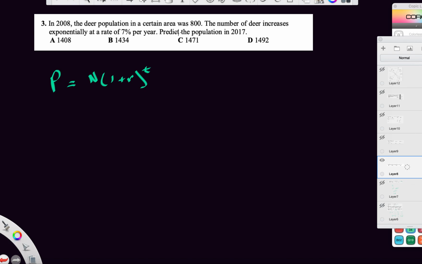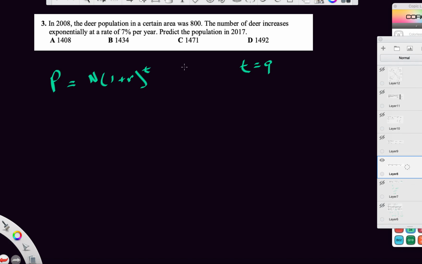Okay, so we have t. What's the population of 2017? Find the difference between 2008, 2017. So t equals what? 9 years. I don't have a calculator near me, so this is going to be very difficult to do. I'll show you how to set it up, and then you just hit the button in your calculator.